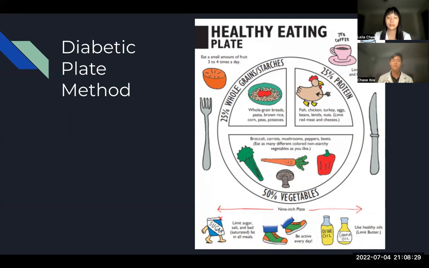A small amount of fruit can be eaten 3 to 4 times a day, and this should be eaten in moderation as fruit does contain a lot of sugars. And as I stated before, you want to just limit the amount of sugar that you're intaking throughout the day.